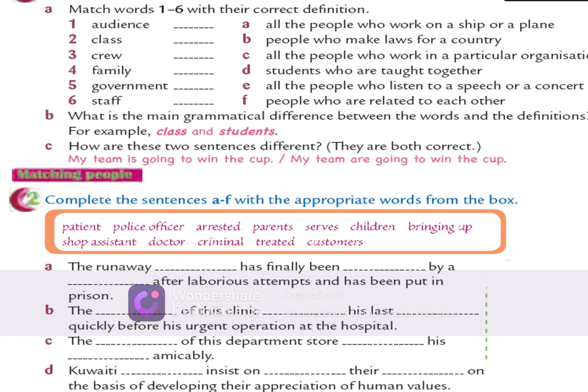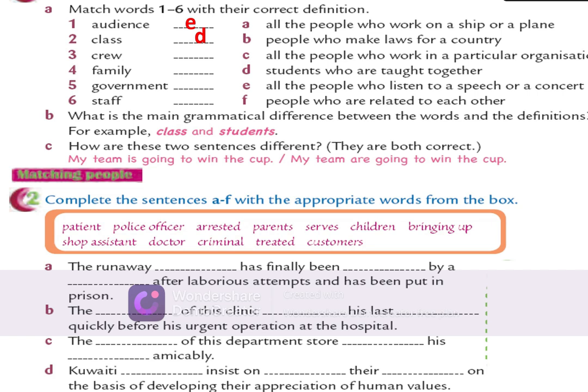Now in this question, we need to match the collective noun to its definition or description. For example, audience comes with E: all the people who listen to a speech or a concert. Class comes with D: students who are taught together.